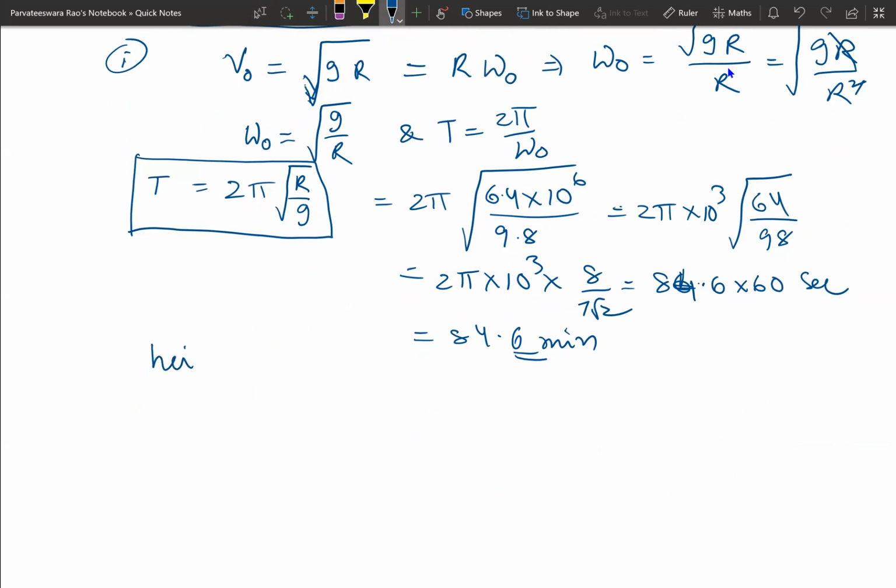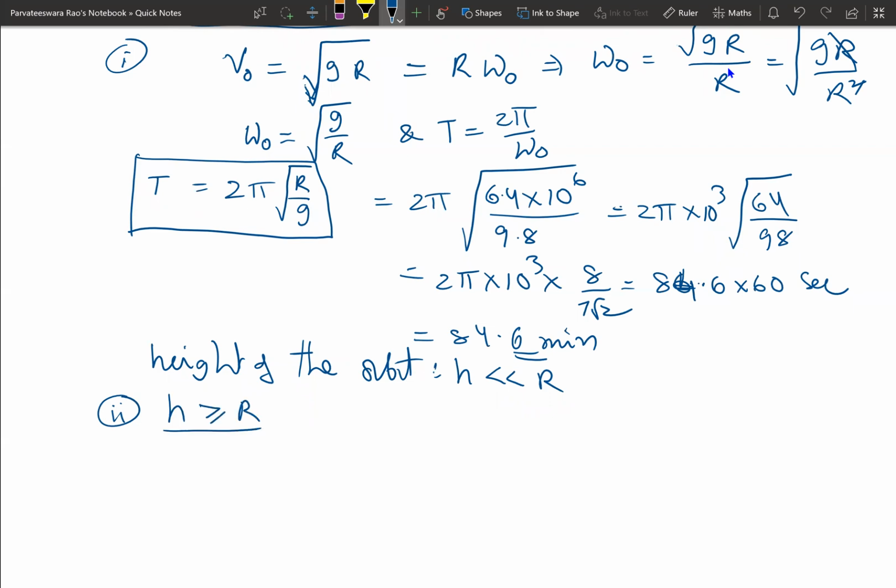Here the height of the orbit h is very much less than Earth's radius. Second, if the height of the orbit is greater than or equal to R, comparable to R, then v naught is equal to root of GM by R plus h.